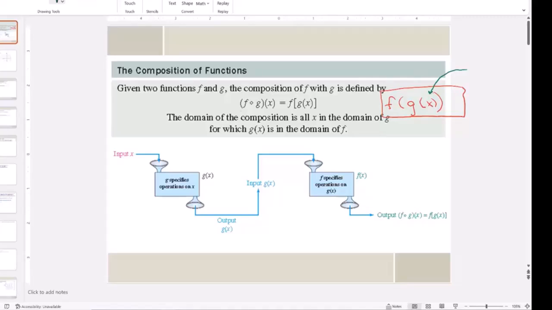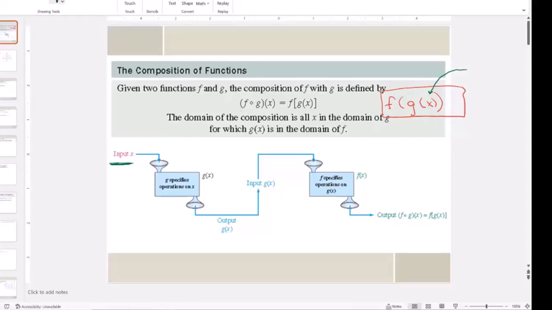So I'm starting with x, which is right here. I'm going to input x into this system, or in the last video, I called it a machine. What does this machine do? It does anything you tell it to do. Again, we'll go through some examples.